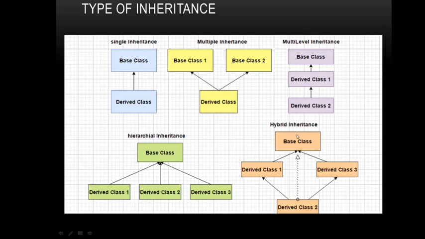Then we have the next type, hybrid inheritance. Hybrid inheritance is a complex inheritance example. Why is it complex? Because these two derived classes have a common parent class or base class. They are getting properties from this base class. Again, they have a common derived class in the next level. So what will be the problem here in this class? This derived class is getting properties from these two.